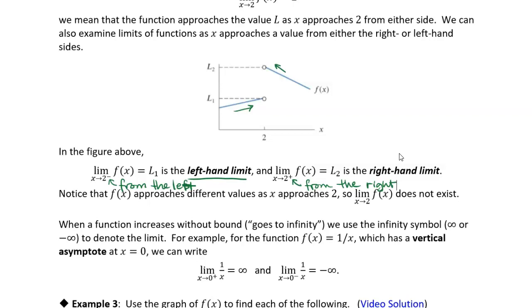If we sneak up on 0 from the positive side of the axis, from the right, then the values of 1 over x, putting in really small positive values like 1 millionth, 1 over 1 millionth is a million. 1 over 1 billionth is a billion. So we get bigger and bigger positive numbers, and so the limit as x approaches 0 from the right is positive infinity.